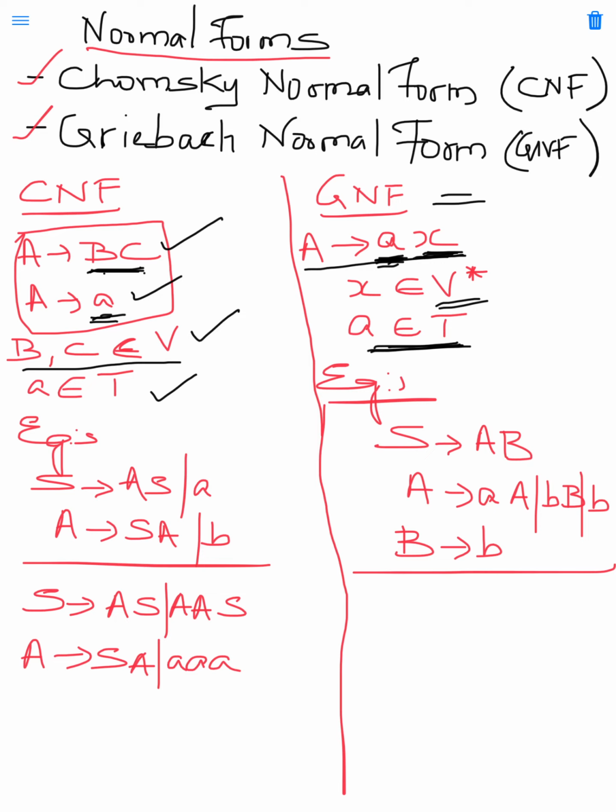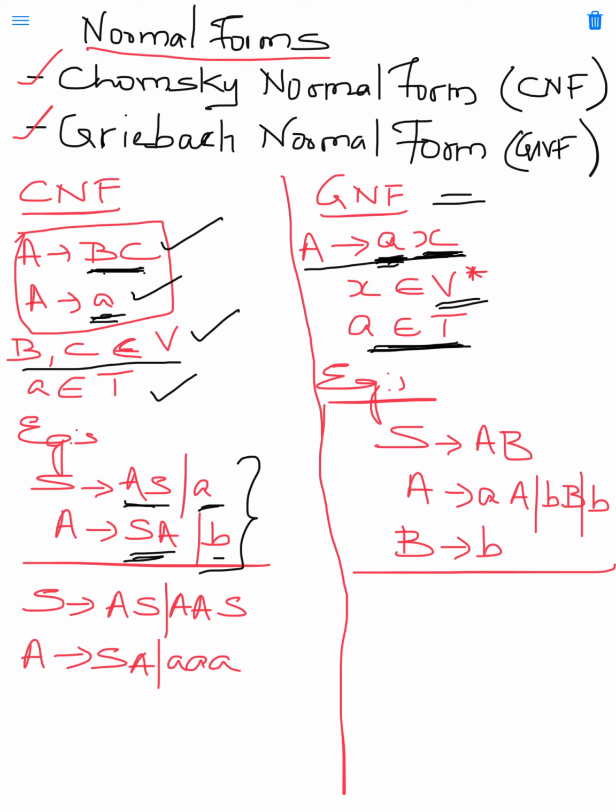Now we can see some simple examples. For CNF, consider these two productions and see whether they belong to Chomsky normal form. Here the right hand side of the production is exactly two non-terminals, or it can take a single terminal. In the second production also, it has two non-terminals or a single terminal.